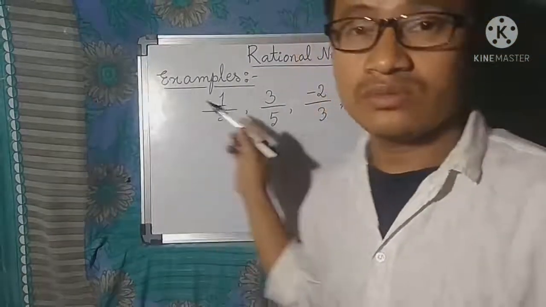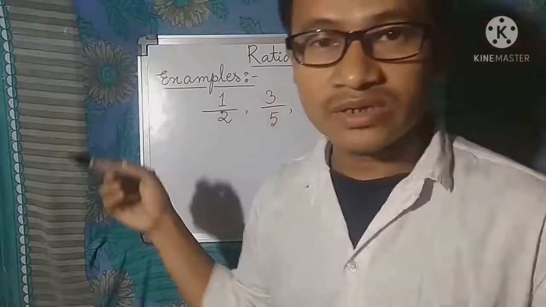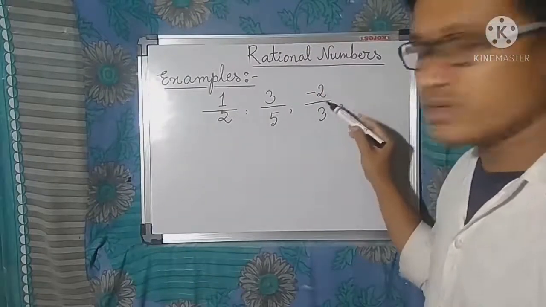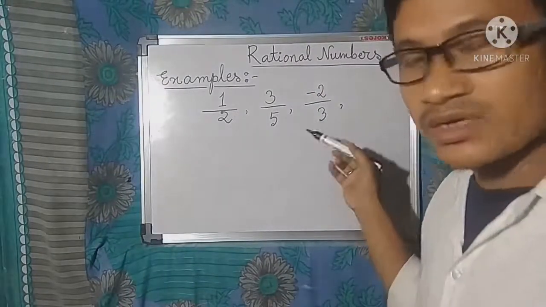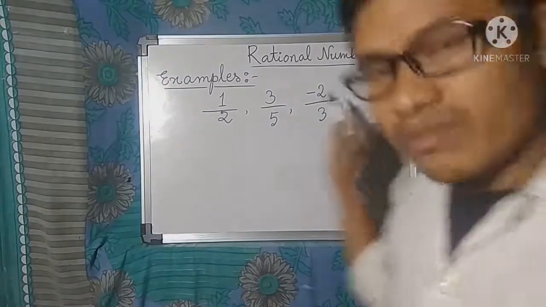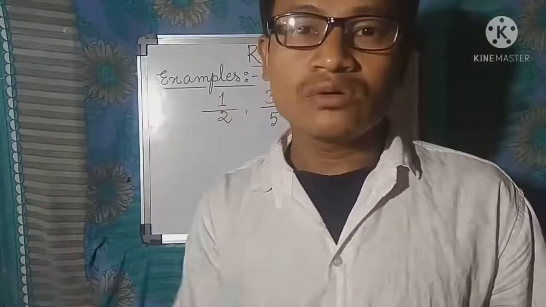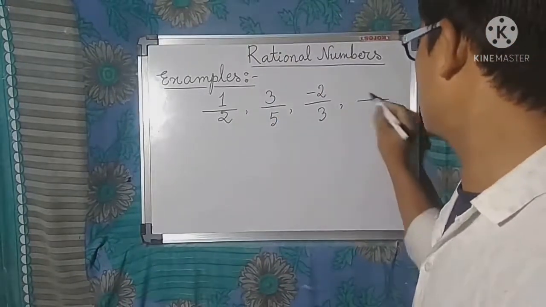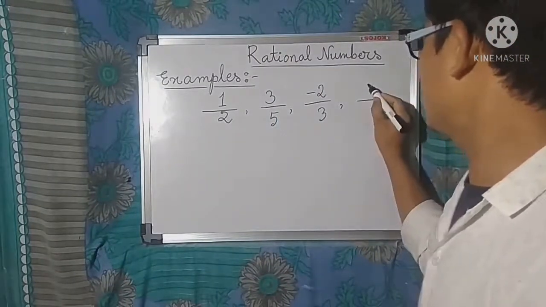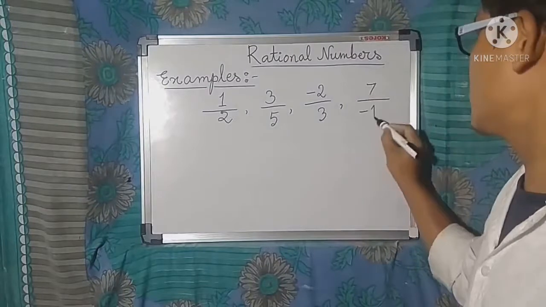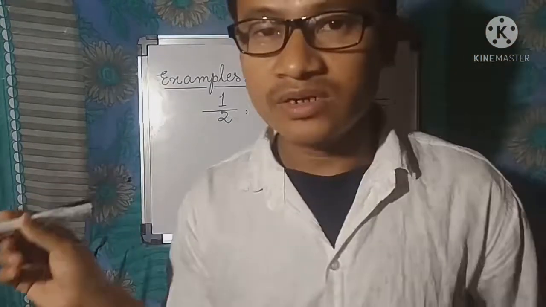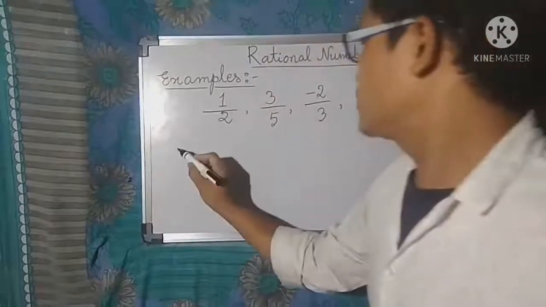Negative numbers are also integers. Minus 2 is an integer and 3 is also an integer. That's why minus 2 by 3 is also a rational number. Seven by minus 10, this is also a rational number, isn't it? So like this.